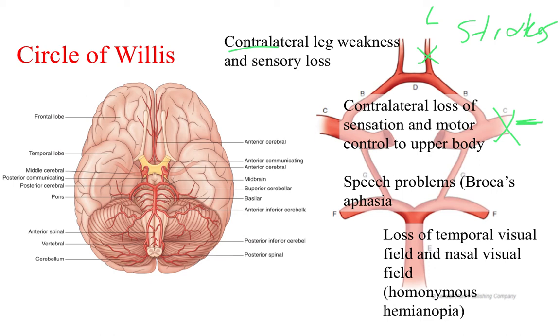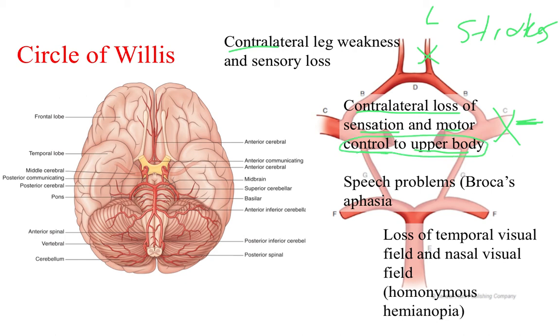All right, so if you have a stroke in the middle cerebral artery, that will result in contralateral loss of sensation and motor control to the upper body. Why? Because the middle cerebral artery is going to supply blood to the area of the brain associated. It's going to run along the primary motor cortex and primary sensory cortex, where you're going to have upper body control.